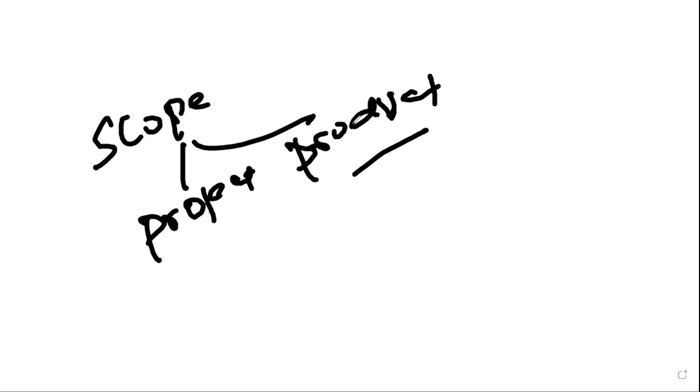As a role of a project manager, I need to manage my constraints. Many constraints are there. One of the important constraints will be the scope. To be very particular, I need to know about project scope and product scope.